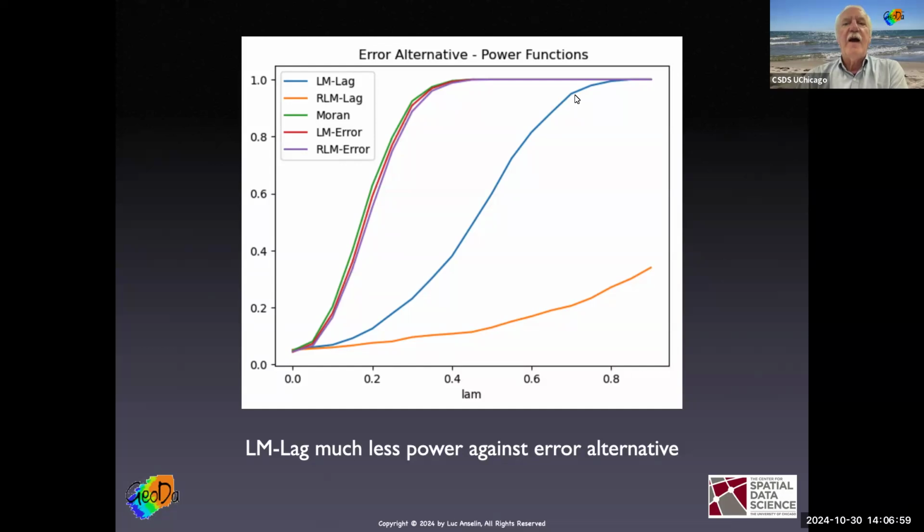And the lag test has power, but not as much as in the other case. So the error case, in a sense, is weaker evidence of spatial correlation. The lag case is very strong evidence of spatial correlation, so every test picks it up. Here, less so. So now let's look at the other ones.